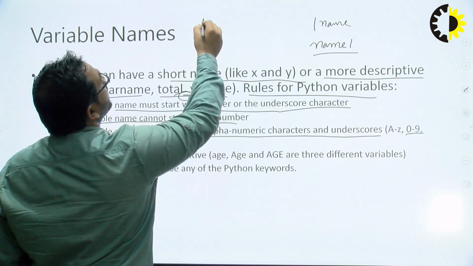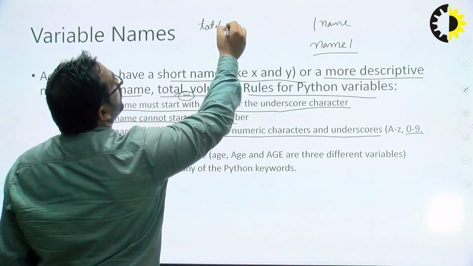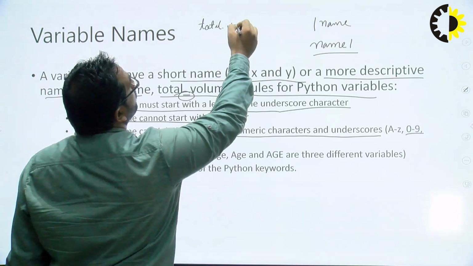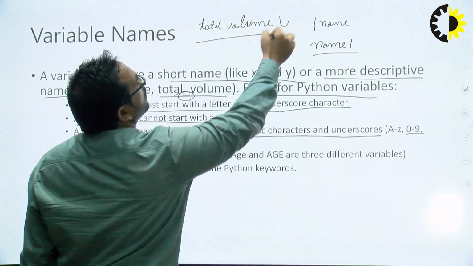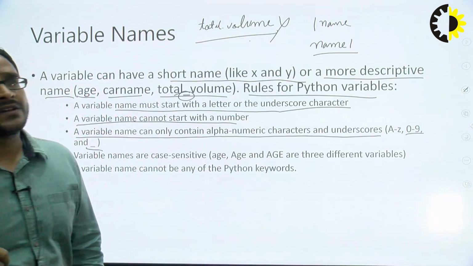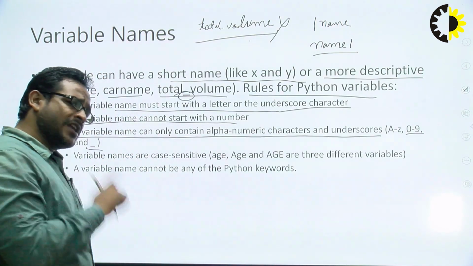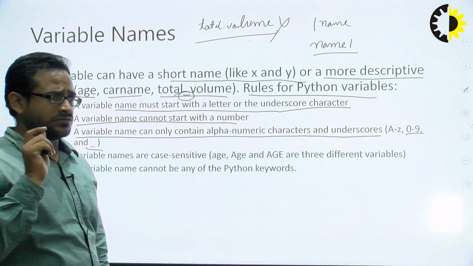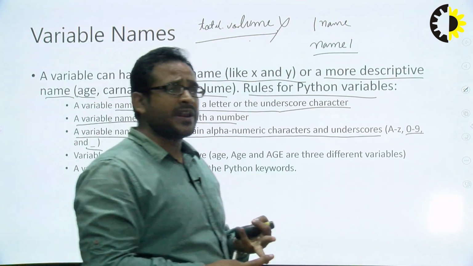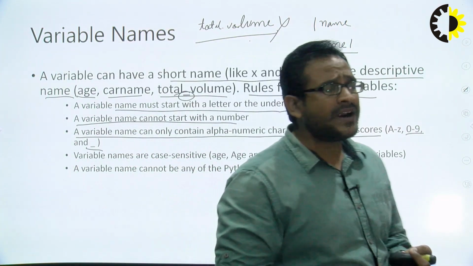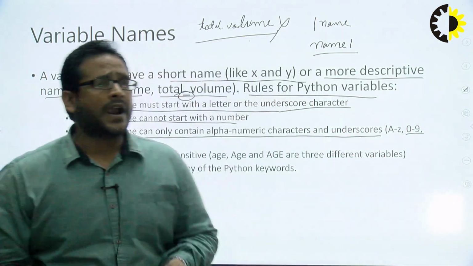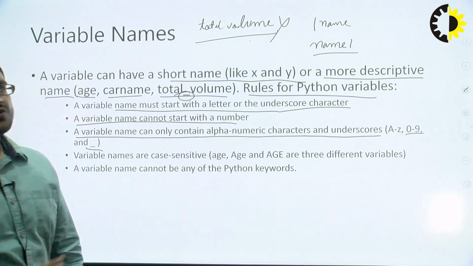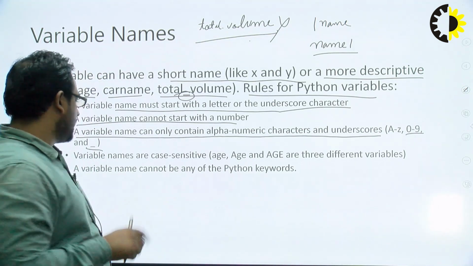And if you create something like total.volume, that is wrong. No special character is allowed in a Python variable name. You have to use either digits 0 to 9, alphabets from small a to capital Z, and underscore only. No hash or dollar signs are allowed in a variable name.